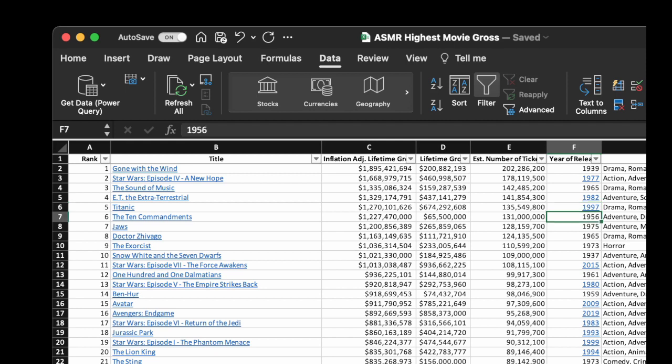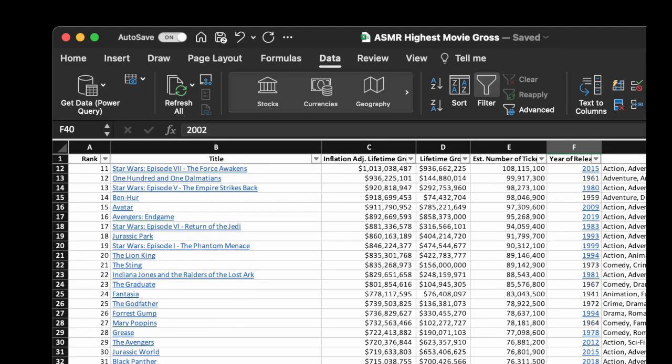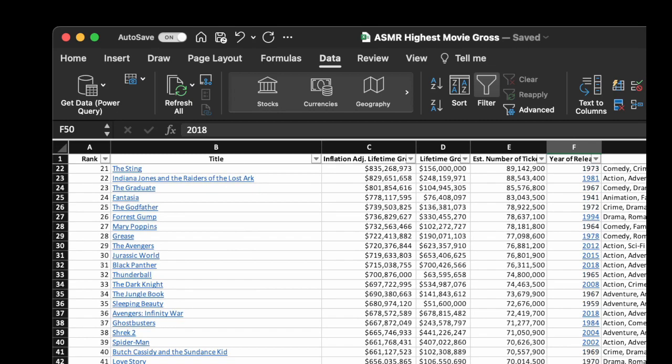Jaws, 1975. Dr. Zhivago, 1965. There we go, down. So I took the top 50, and again, this is ranked by inflation-adjusted lifetime gross. Yeah, I stopped at 50. So Airport was the last one.